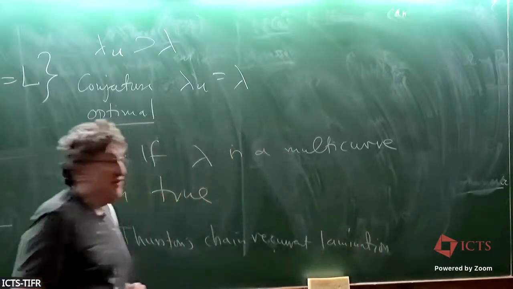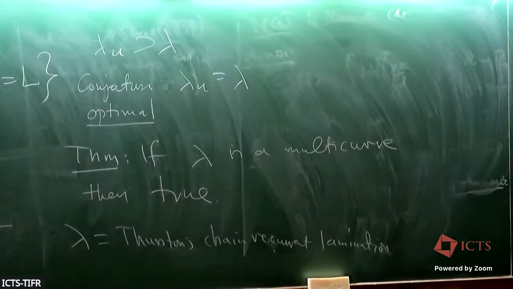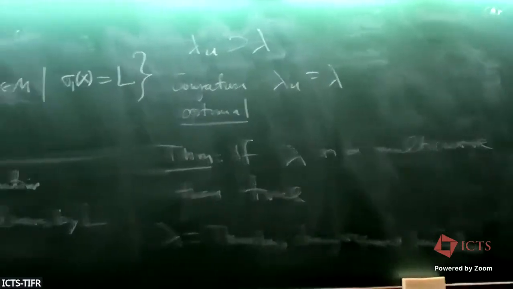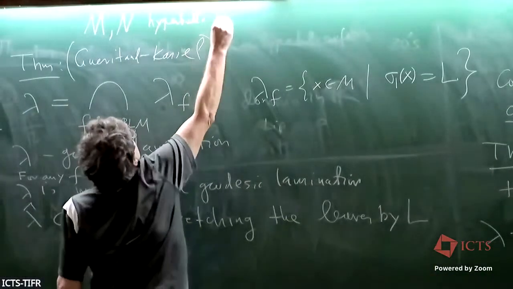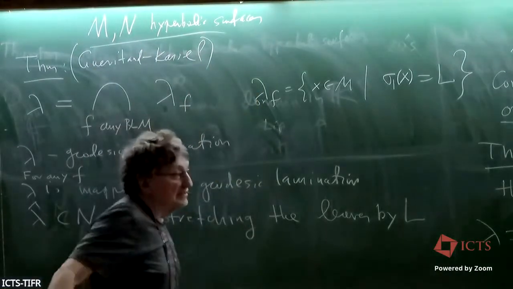Actually, Thurston defines it a different way, but Guéritaud and Kassel prove that this definition here agrees with Thurston's, at least in the case of surfaces. From now on, let me specialize M and N to hyperbolic surfaces, until the end of the talk. Okay.